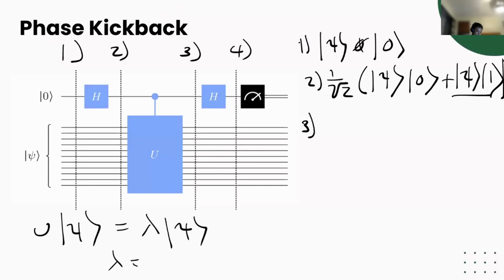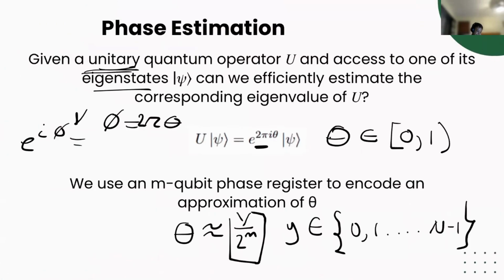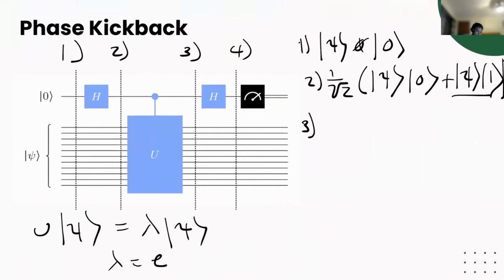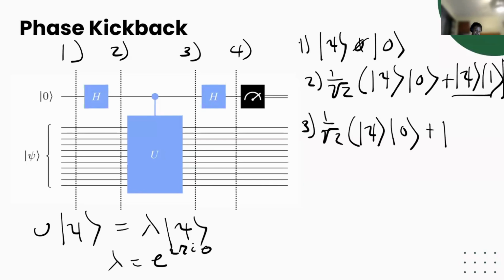And this lambda, sorry, is going to be equal to exactly what we defined here, e to the 2 pi i theta. So if I write that here, we'll have 1 over the square root of 2. Nothing happens here because this initial qubit is 0, plus this unitary here.